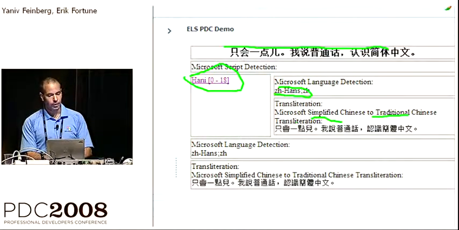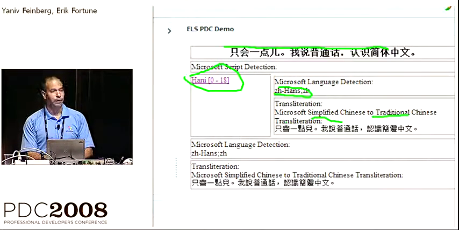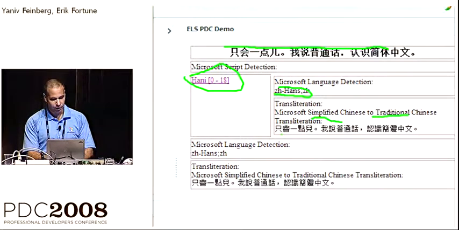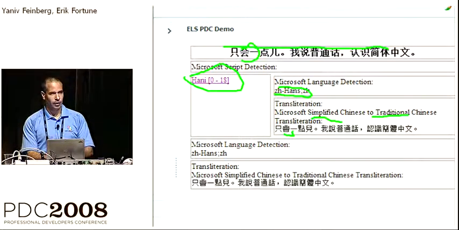What you see below that is basically the transliterated piece. And you can tell that this is traditional because it has more strokes. It's more complex. If you look at the second character here, you can see it has more strokes compared to the character right here, which has fewer strokes. So this is pretty much how the transliteration works.